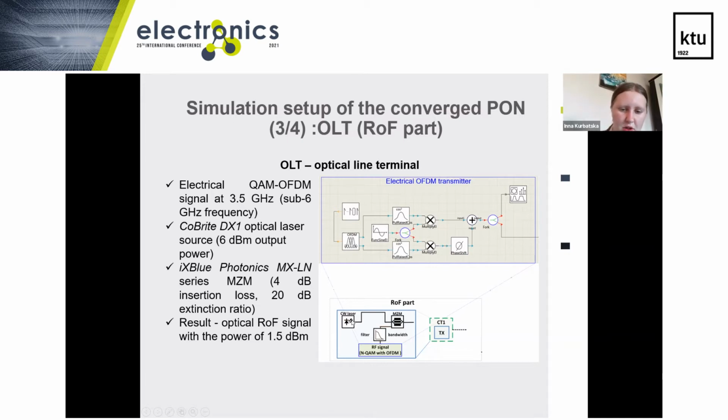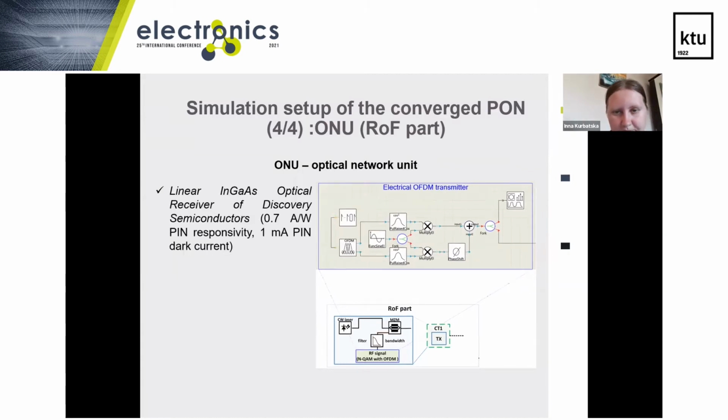All elements, such as the laser and the modulator, were based on real specifications. As a result, at the output we obtain a radio over fiber signal with a power of 1.5 dBm. For the XG-PON part, I do not include a detailed description of the signal as it's widely known and studied. All focus was on the RoF part.